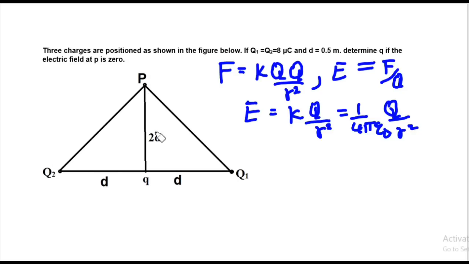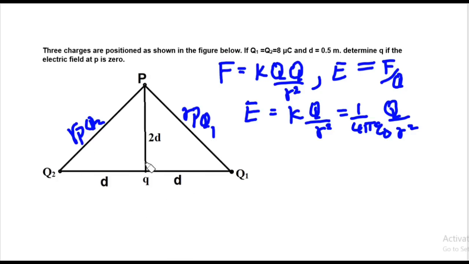Now, looking at this configuration, we can find the distance between P and Q2. We can denote it as RPQ2, and this one as RPQ1.